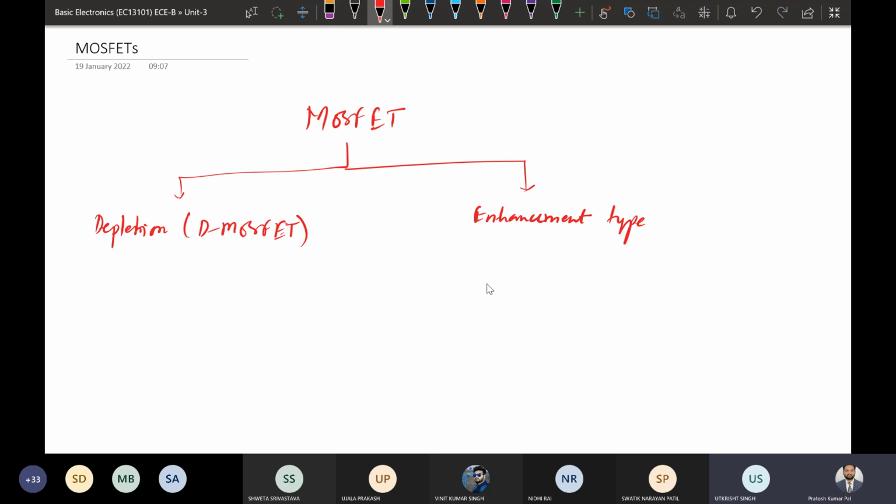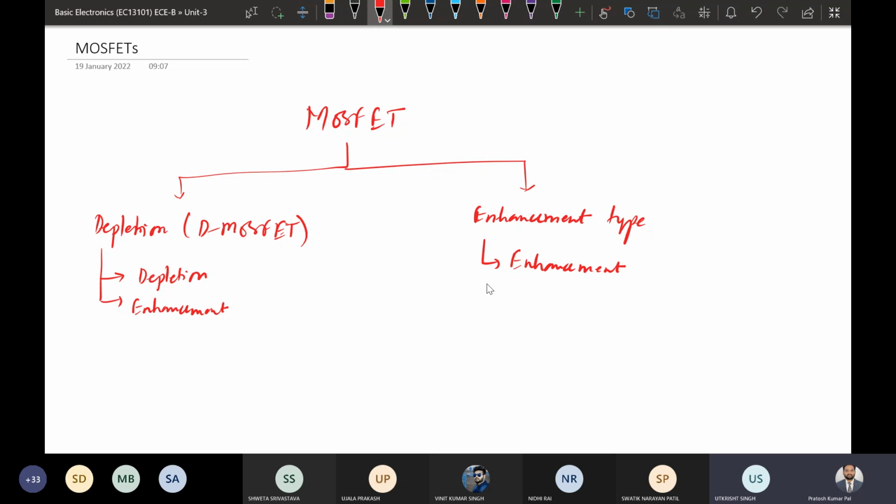And this depletion type MOSFET, we have seen, can operate in either depletion mode or in enhancement mode. But the enhancement type MOSFET can operate only in enhancement mode.